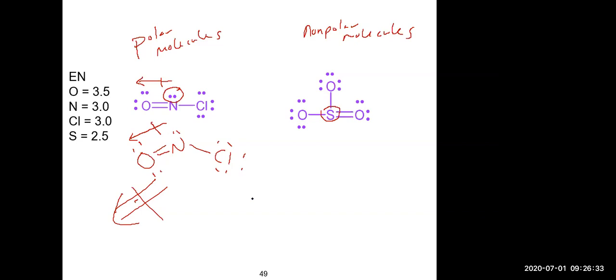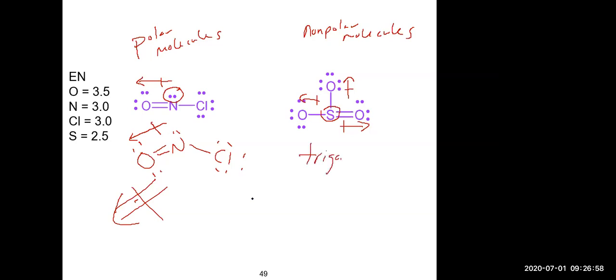Let's take a look at our sulfur and oxygen bond. Sulfur is 2.5, oxygen is 3.5. When we subtract that, that is 1 in terms of the difference, which means it is polar. So we would have polar bonds heading in this direction. So both have polar bonds. The geometry here, though, is 1, 2, 3 electron pairs, 3 bonds.